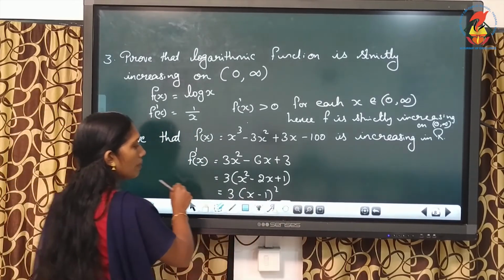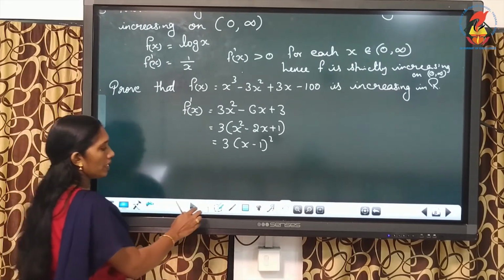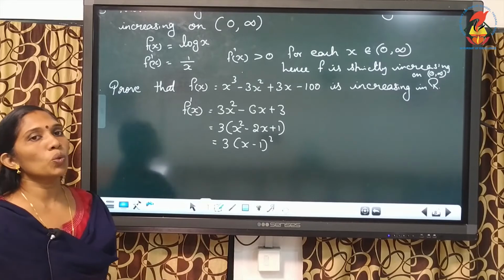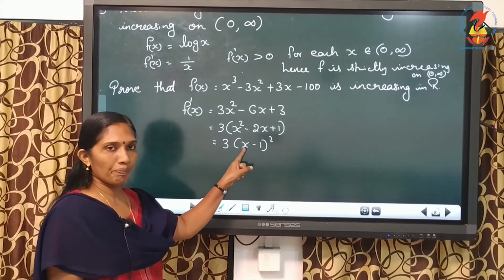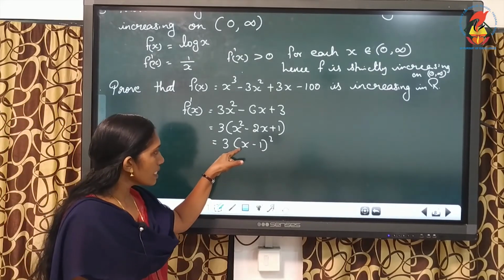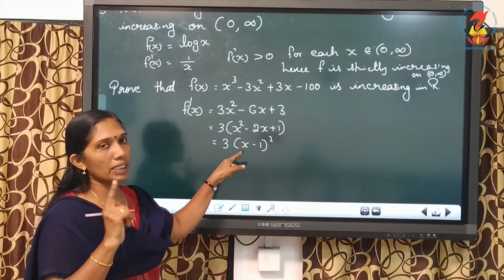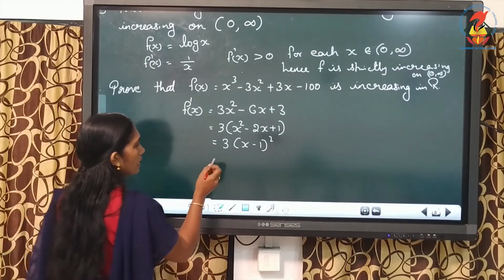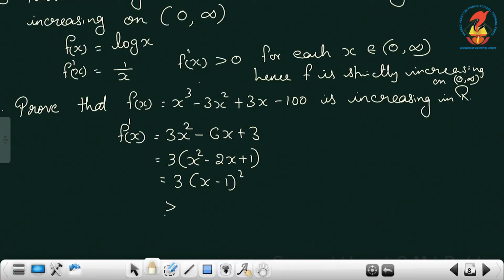Definitely, x minus 1 whole square, the square means it is greater than or equal to 0. Can it be 0? Yes, when x takes the value 1, 1 minus 1 becomes 0. So this total quantity is greater than or equal to 0. Understood this?